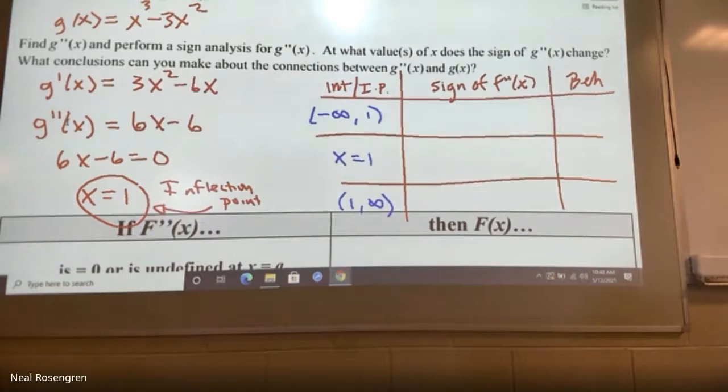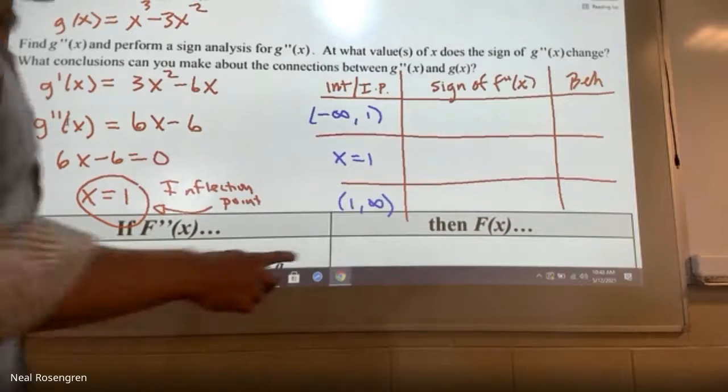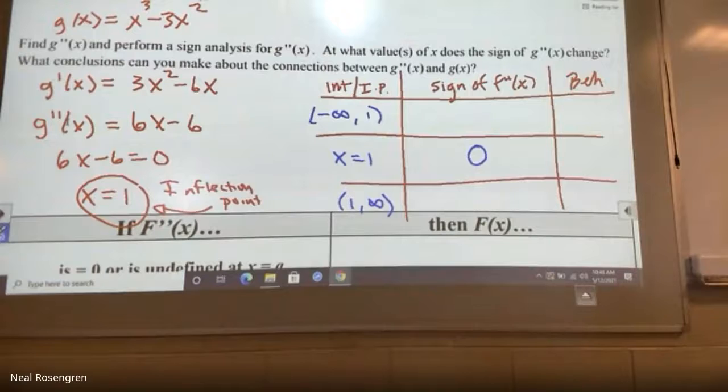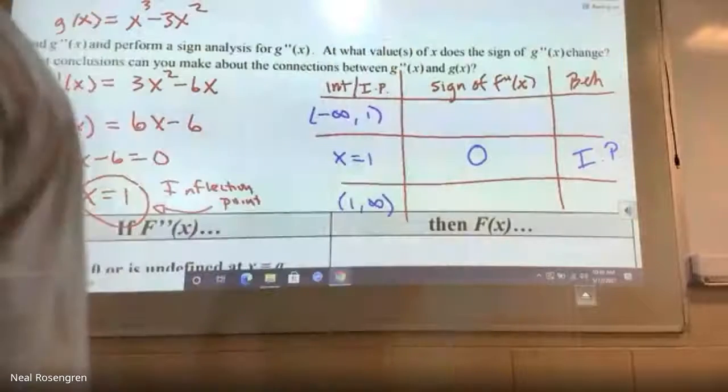Now what we can do is figure out where our inflection points are, where the sign of f double prime, here's an easy one, is 0. I know that at x equals 1, it's going to be 0, which means I have an inflection point. I'm just going to put I, inflection point.